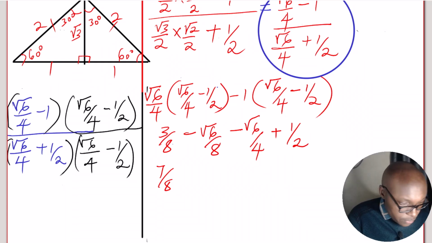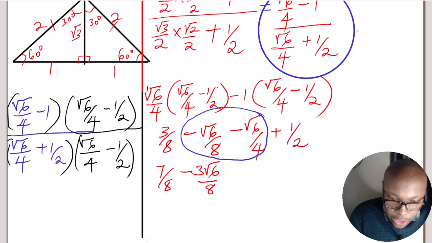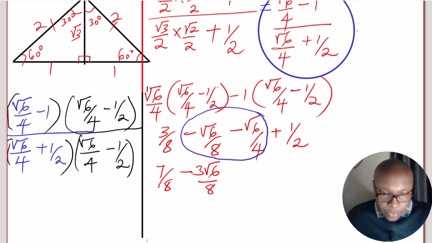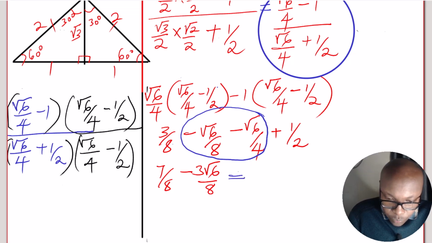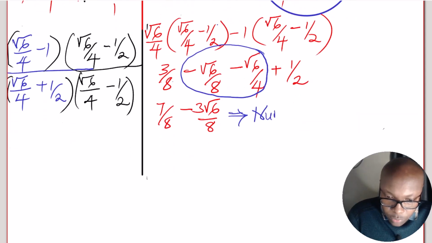That will give negative 3 root 6 divided by 8. Then 3 over 8 plus a half will give 7 over 8. So that is what you get for the numerator.